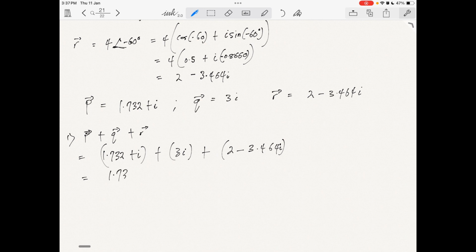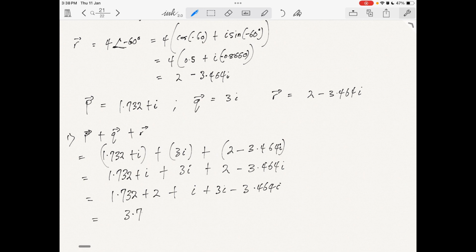So opening the brackets individually, we have this. Then let's collect the like terms. So we collect common terms first, the real terms, and then the imaginary terms. So adding further, we have 3.732 plus 0.536i.